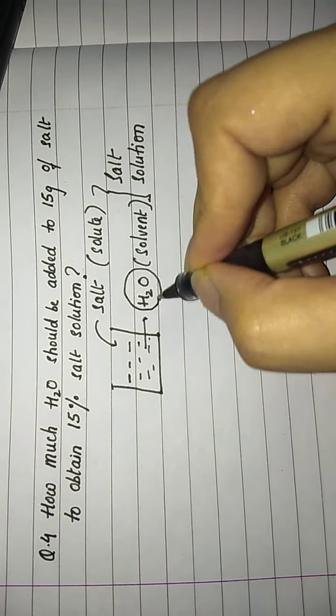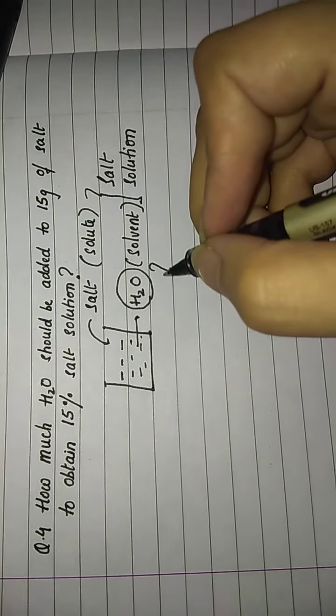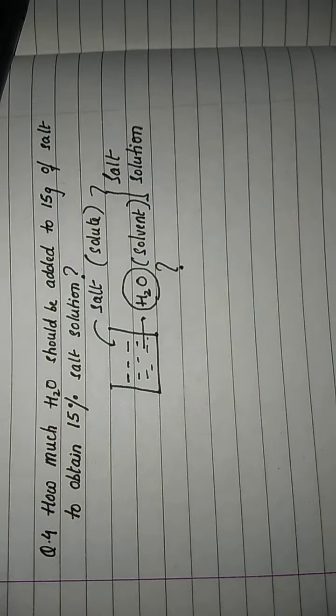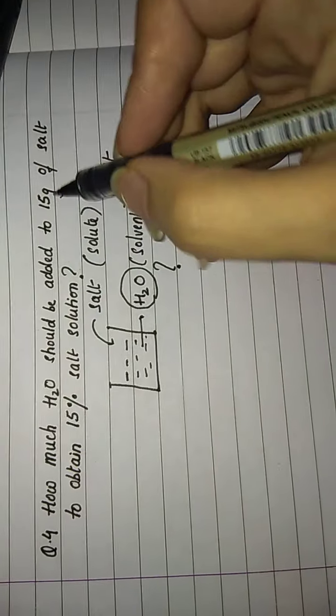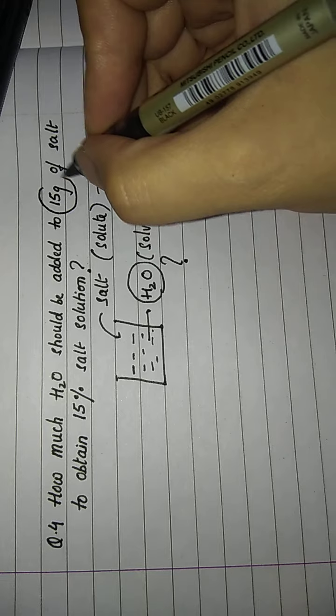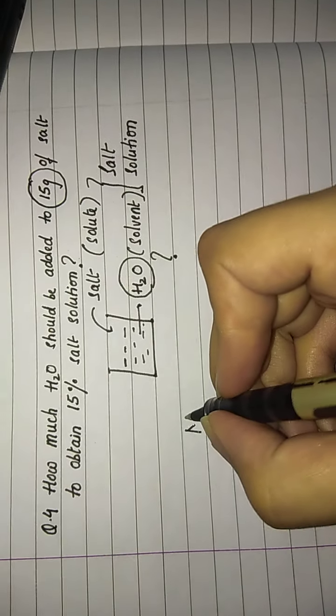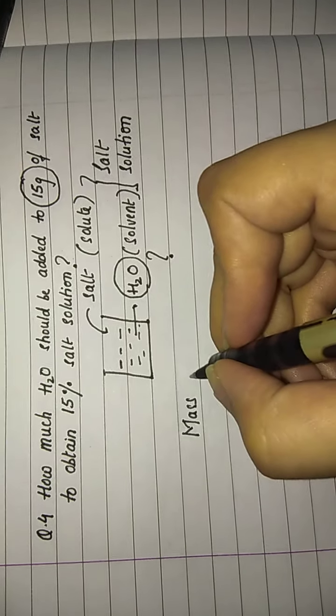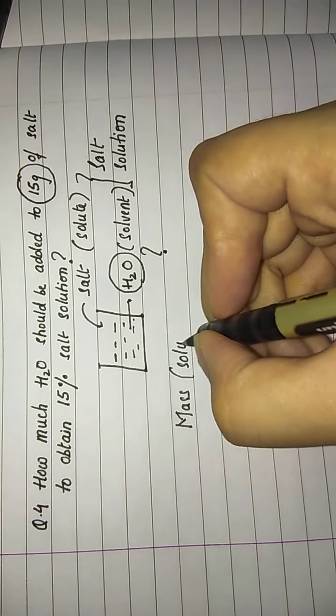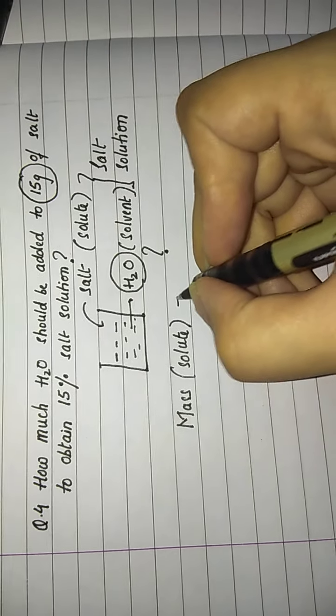Water का amount हमें given नहीं है. We have not been given the amount of water present in the solution, but it gives us the amount of salt, right? So that means mass of solute, which is the salt here, has been given to me.